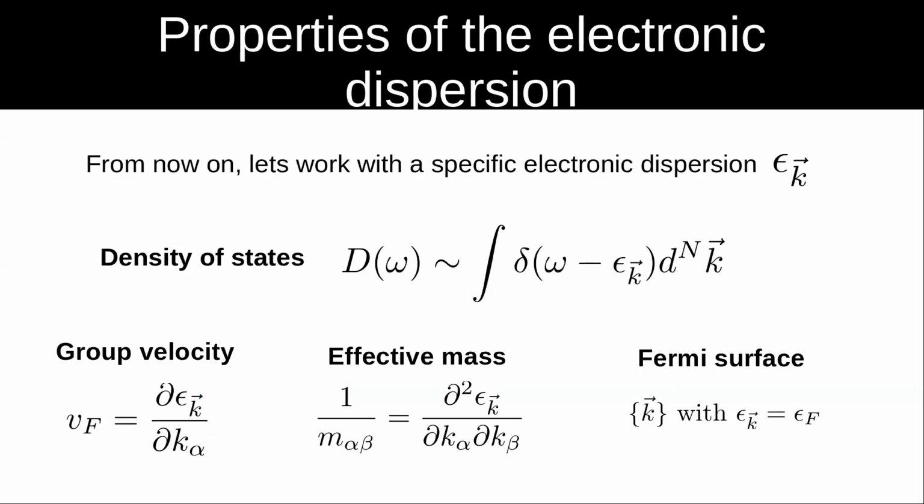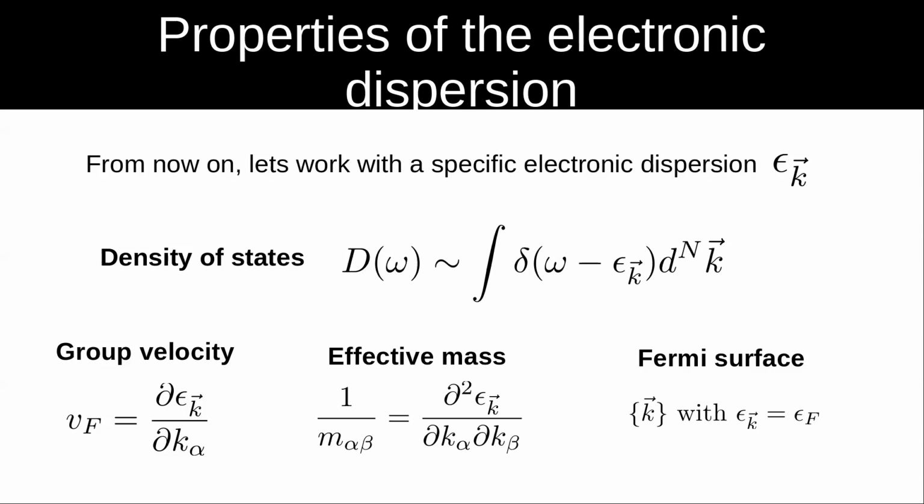Okay, now let us look at some interesting macroscopic properties that we can extract from the electronic structure, in particular from the relation between the symmetry eigenvalue and the eigenvalue of the Hamiltonian. The most important thing to note is that many properties of electronic systems are related to how the quasi-momentum is mapped to the energy.